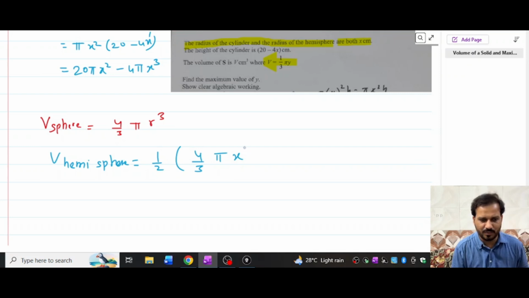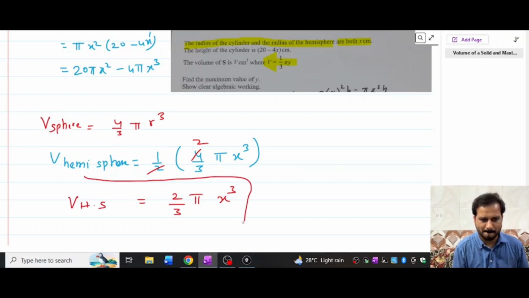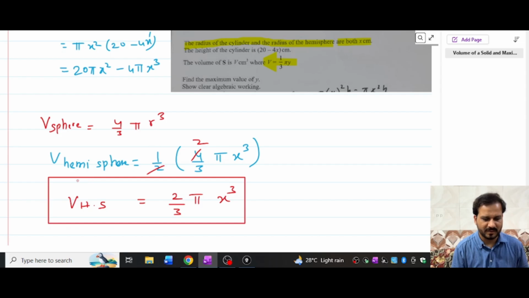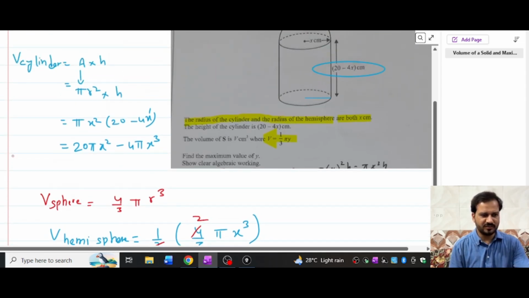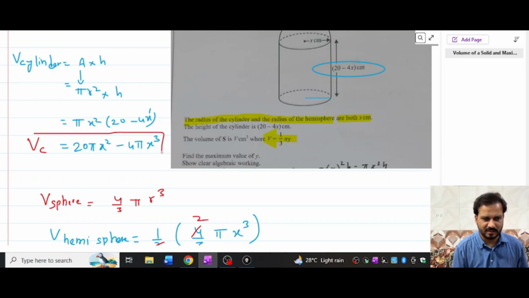Now we will simplify. Half of 4 is 2, so it becomes 2 over 3 pi x cubed. This is the volume of the hemisphere, V_H, H for hemisphere. And this is the volume of the cylinder, which I am writing as V_C, C for cylinder.